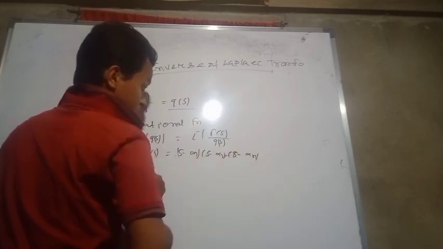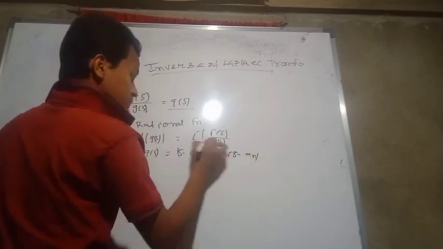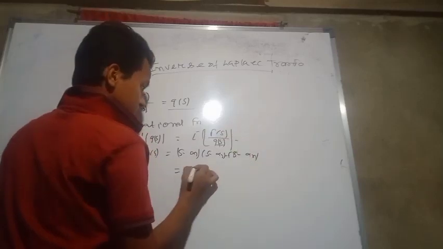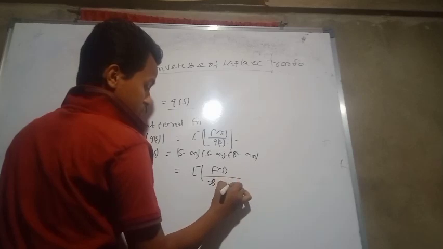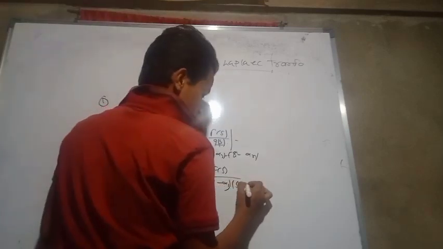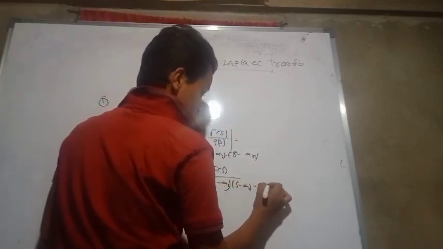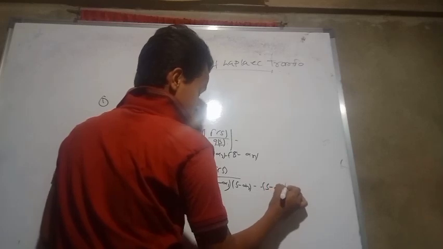So the expression becomes the inverse of F(s) upon (s minus alpha 1)(s minus alpha 2)(s minus alpha 3) up to (s minus alpha n).